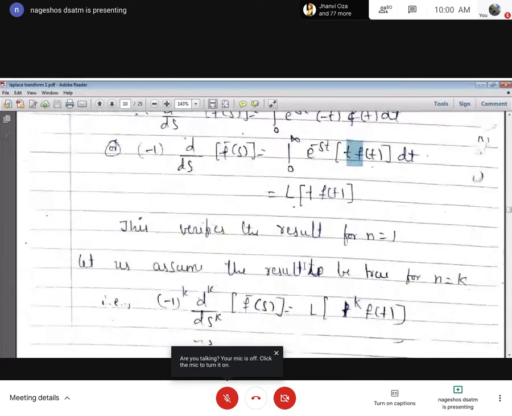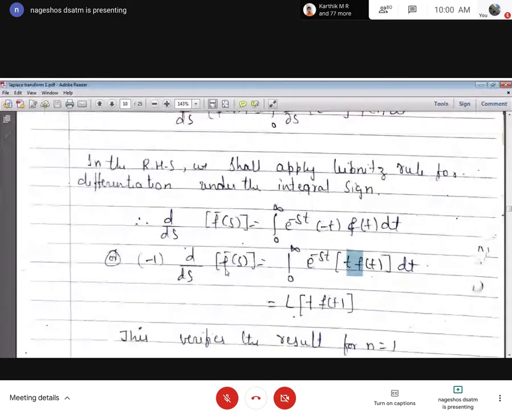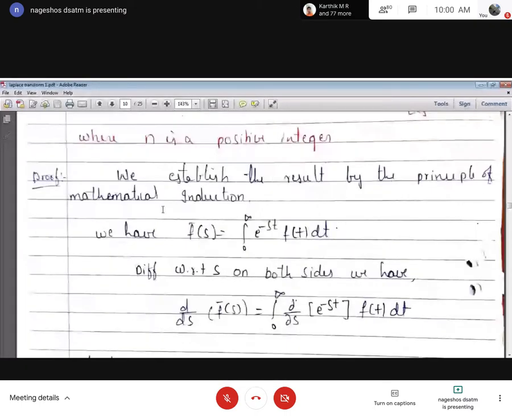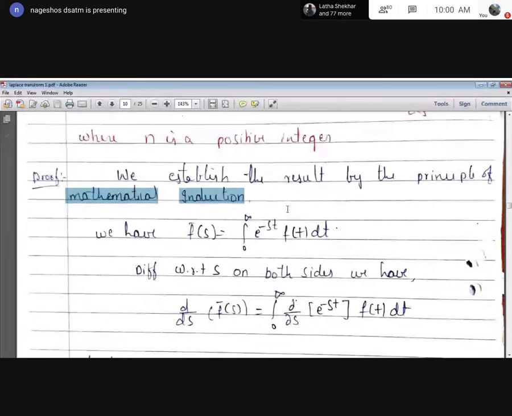This is verified for n equal to 1. So this is proved using mathematical induction. You know how mathematical induction works. What are these three steps? First, prove it is true for n equal to 1.